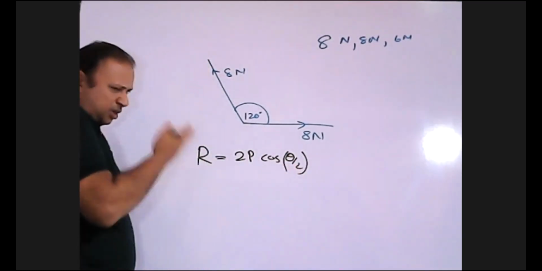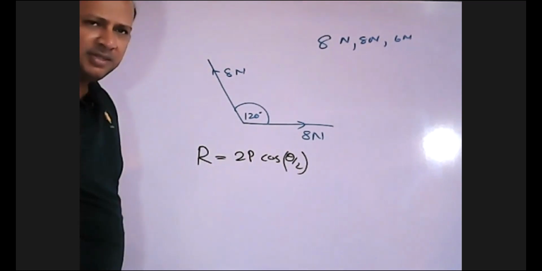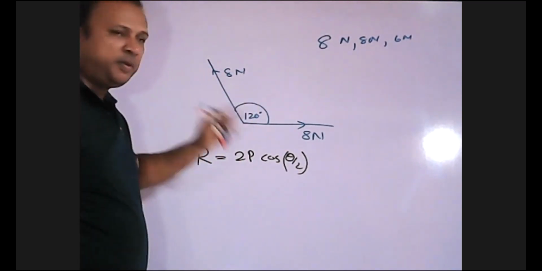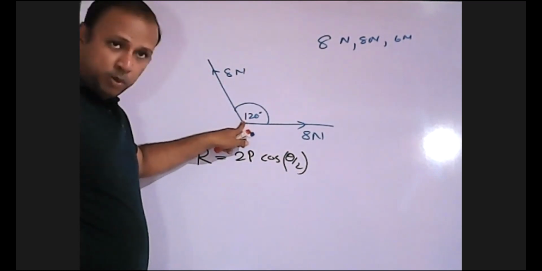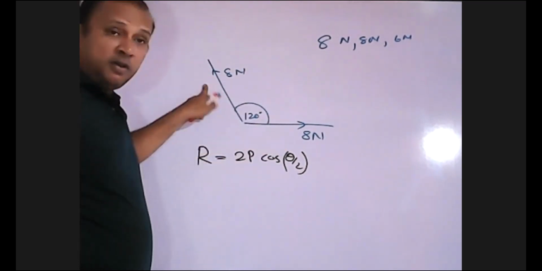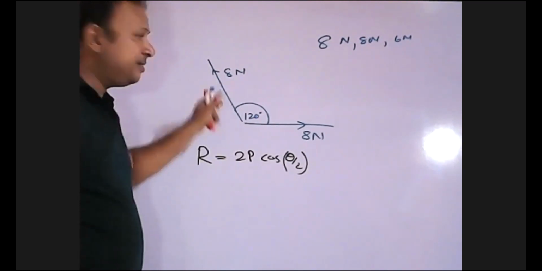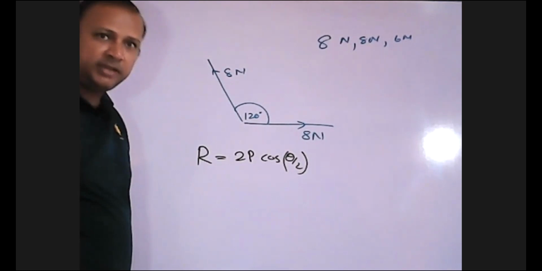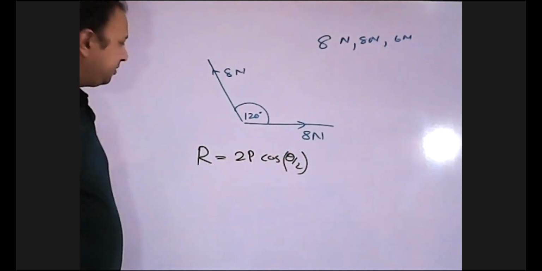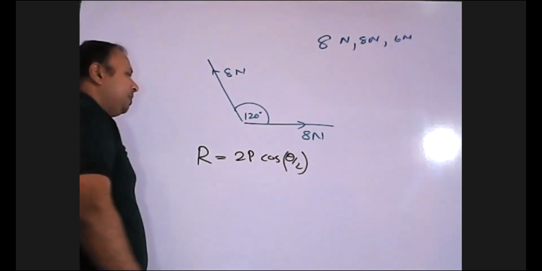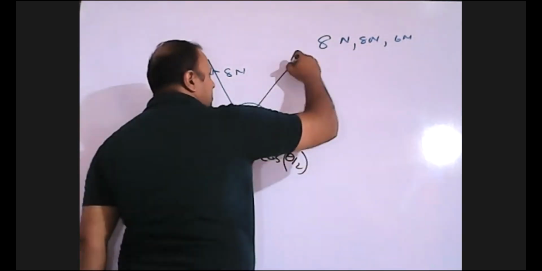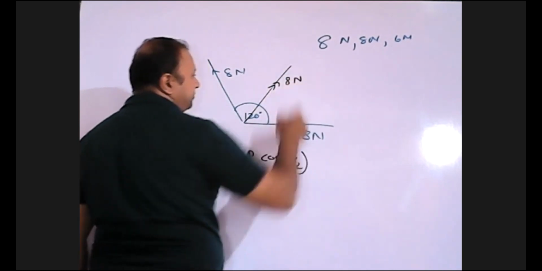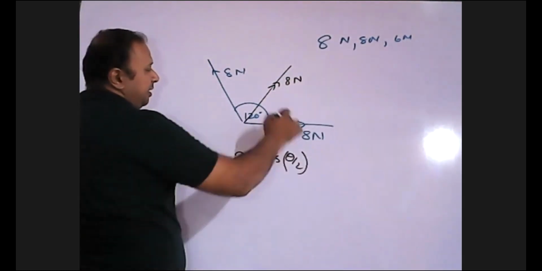But you don't need to apply this equation, because you should remember that if the angle is 120 between two equal forces, their resultant should be equal to the magnitude of one force. You should remember that. So the resultant force should be equal to 8 Newton.